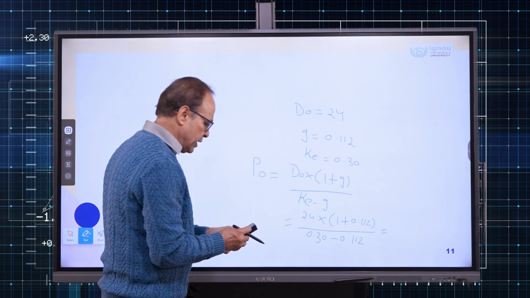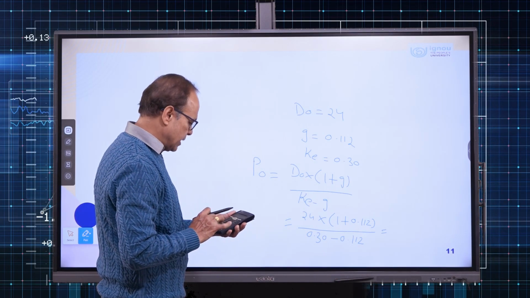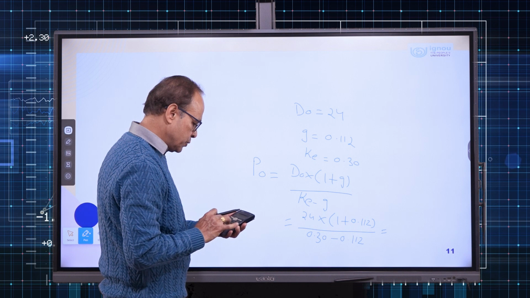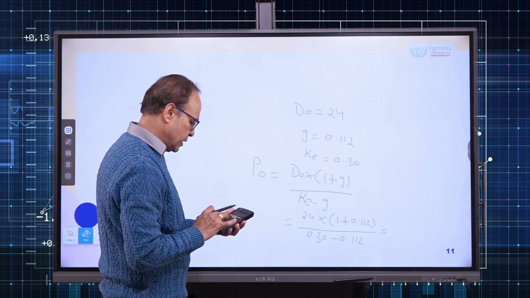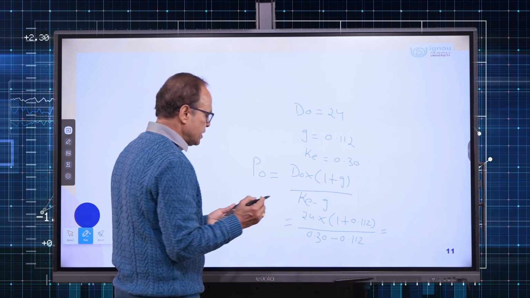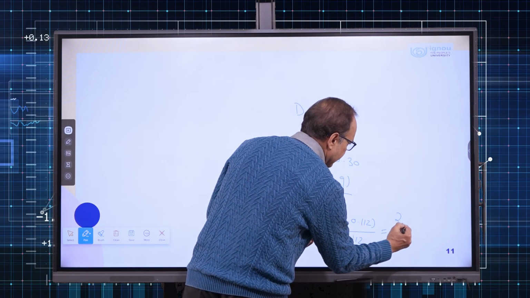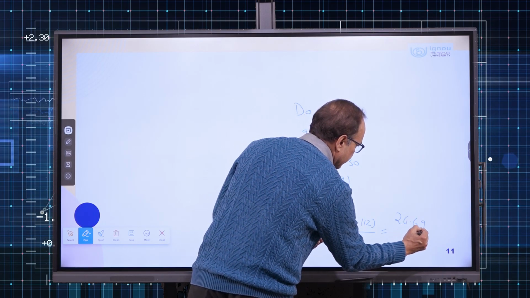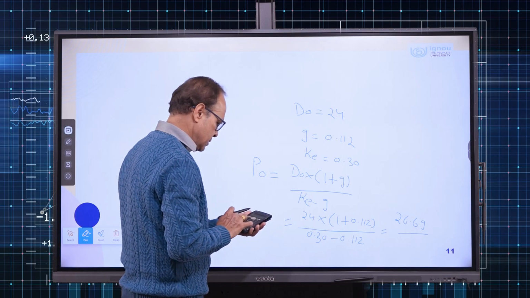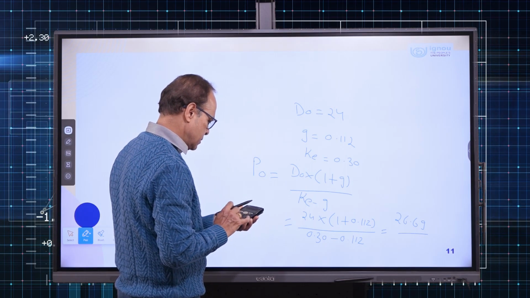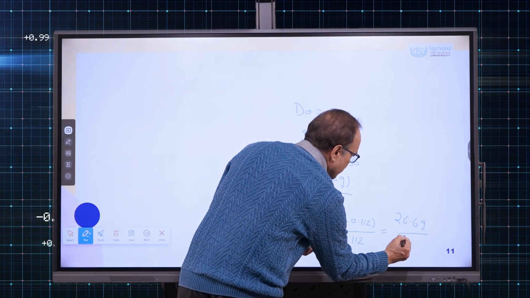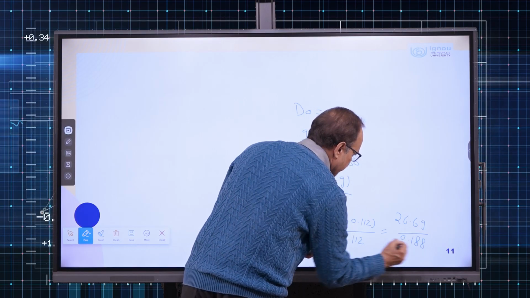If we calculate the values, 24 times 1.112, 26.69 is the expected dividend for next year, that is D1, divided by 0.188.